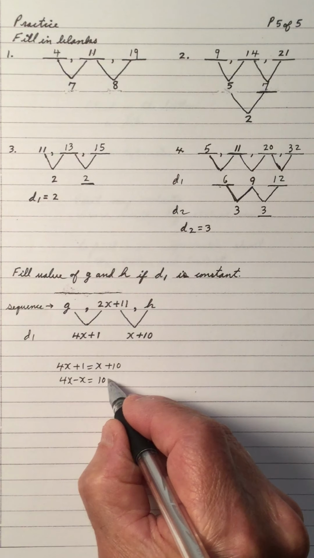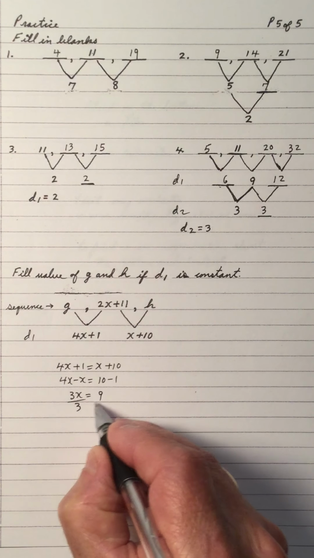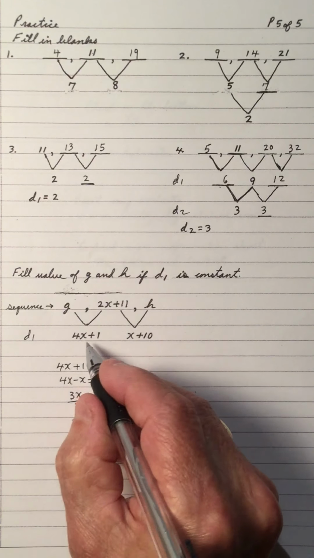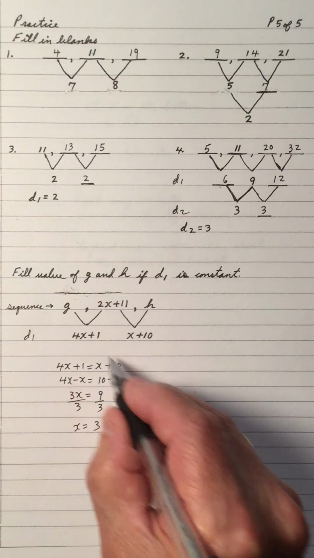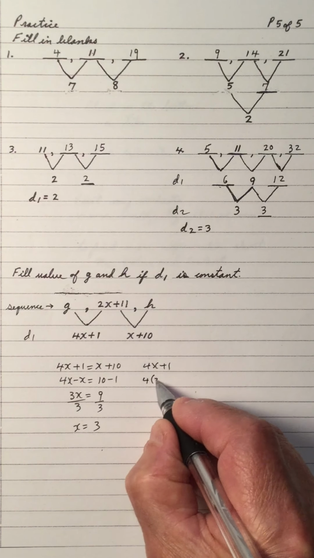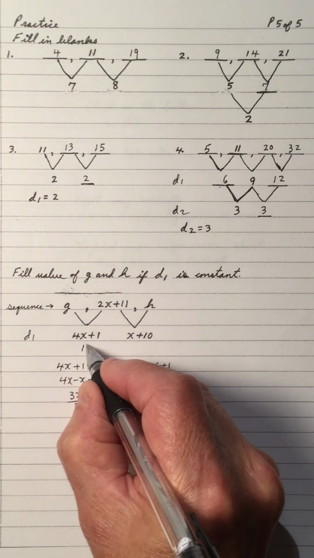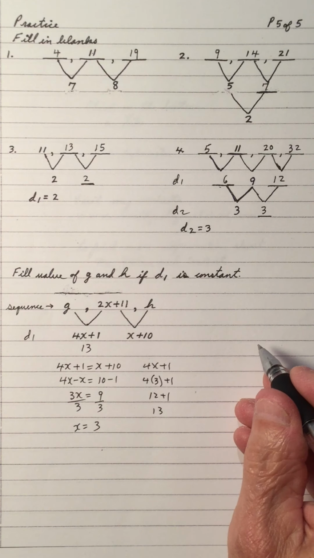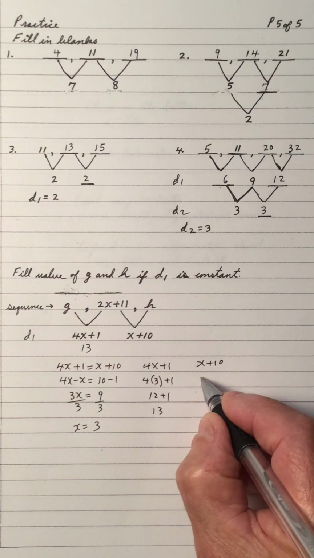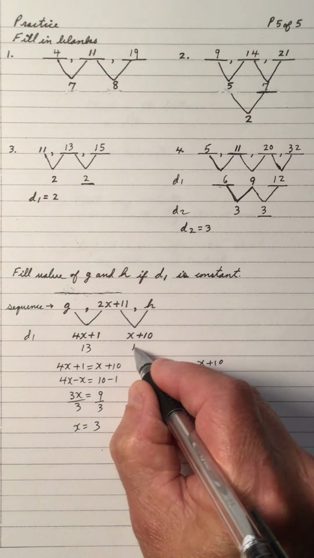Move the 1 to the right side and change the sign. 3x is equal to 9, divided by 3, and I have x is equal to 3. So if x is equal to 3, you have 4x plus 1, x is 3, that's 12 plus 1, that's 13. And just check, again we're checking, x plus 10, x is 3, so 3 plus 10 is 13, that's perfect.